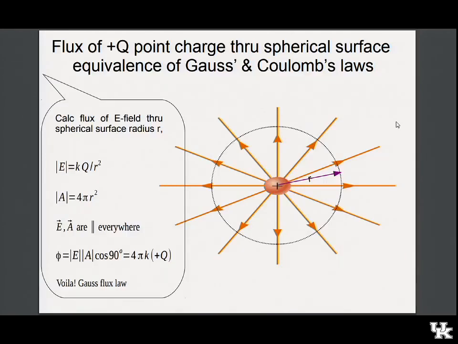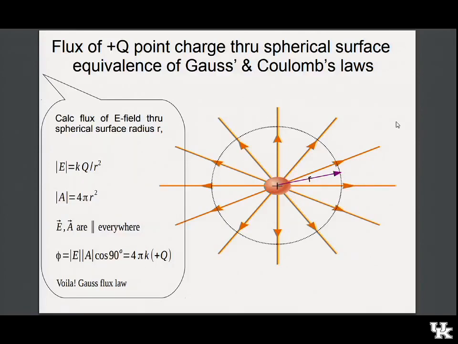It didn't help that I wrote 90 degrees instead of 0 degrees, especially after that entire discussion about how I do this all the time. But anyway, the big picture is that out of Coulomb's law has emerged Gauss's law.